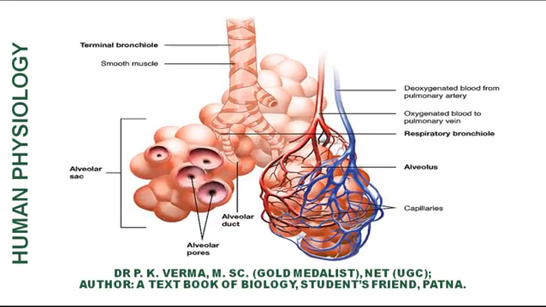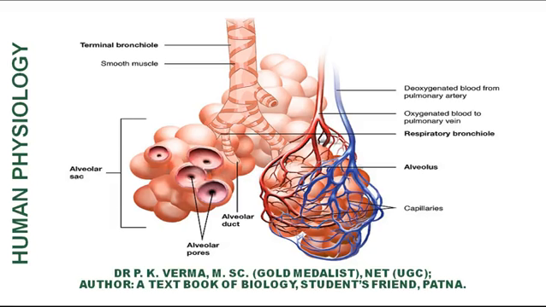On the left side of the diagram, you can see the opening of tracheoles inside the alveoli. On the right side, blue and red colored arteries and veins have been shown.